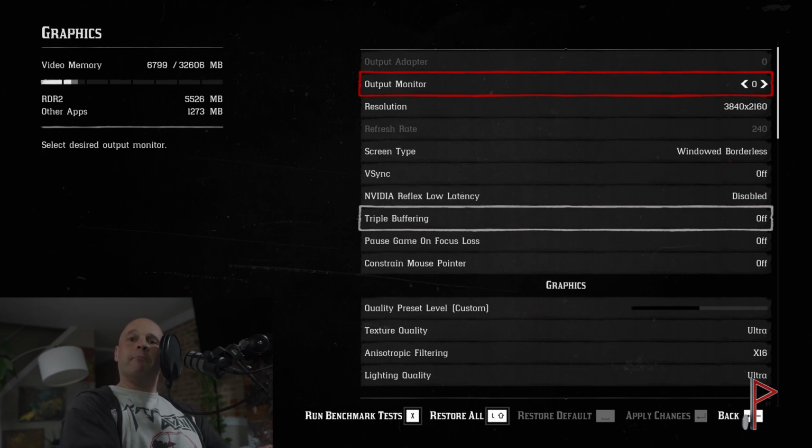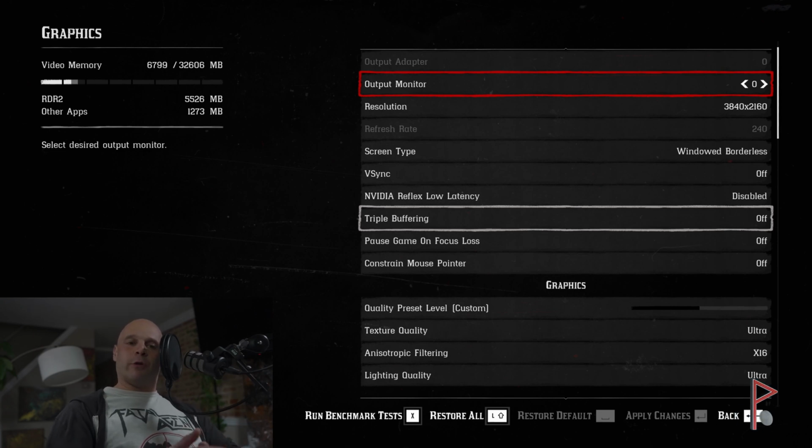So we create a buffer between the rendered frame, because traditionally 2 frames are rendered. One is rendered by the GPU, right? And one is displayed, right, on the monitor, displayed on the output.